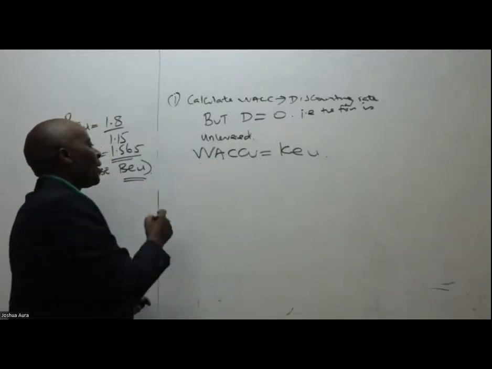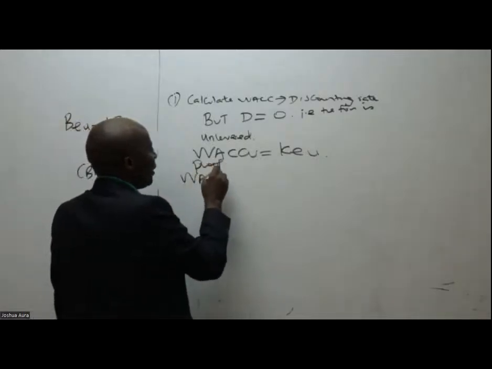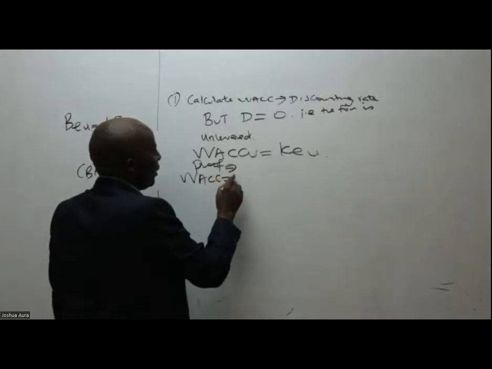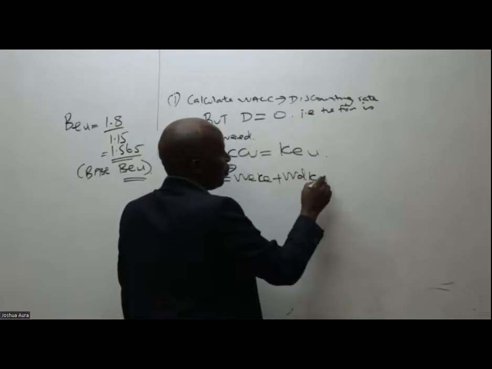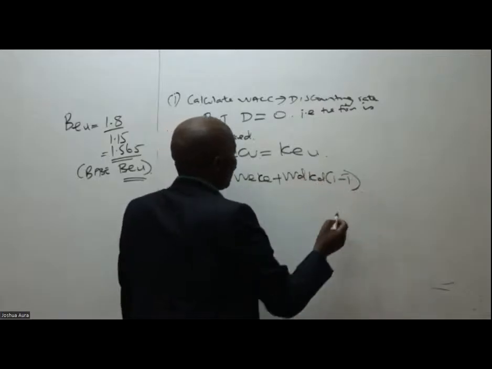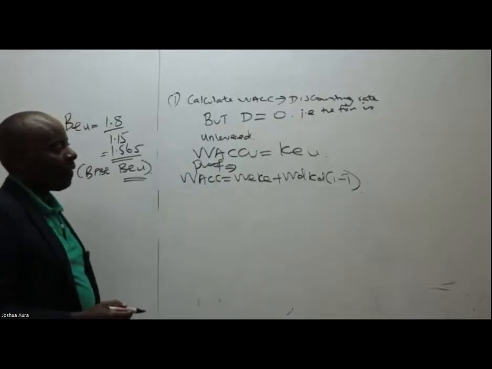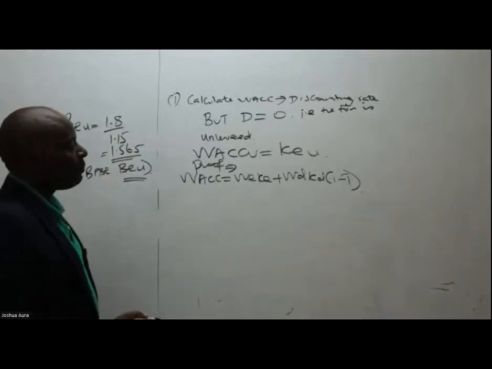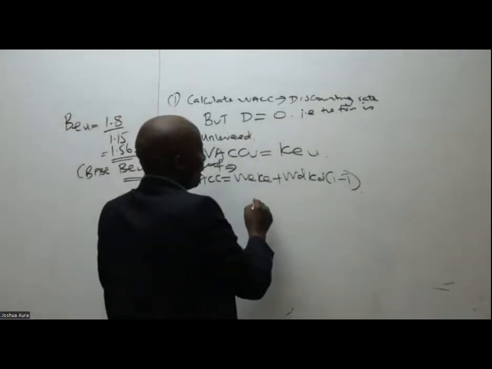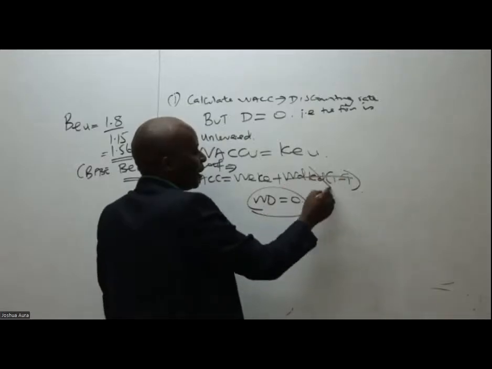To get WACC, we take weight of equity times cost of equity, plus weight of debt times cost of debt, times 1 minus tax. If debt is 0, then automatically weight of debt will be 0, and this kills everything there.